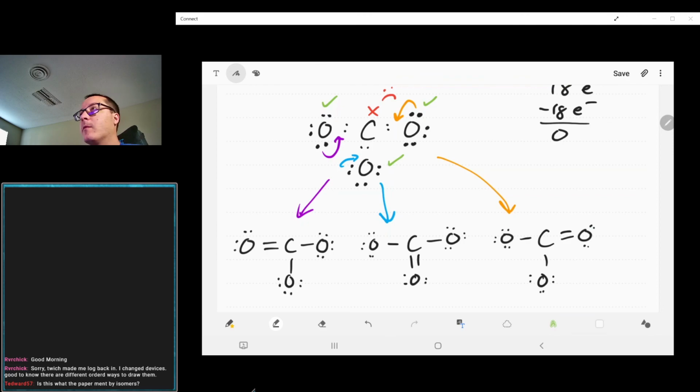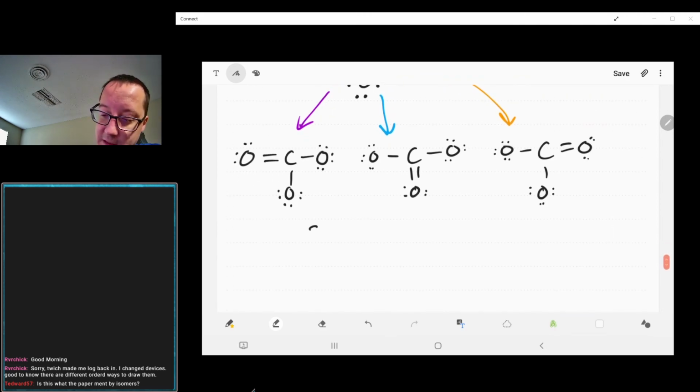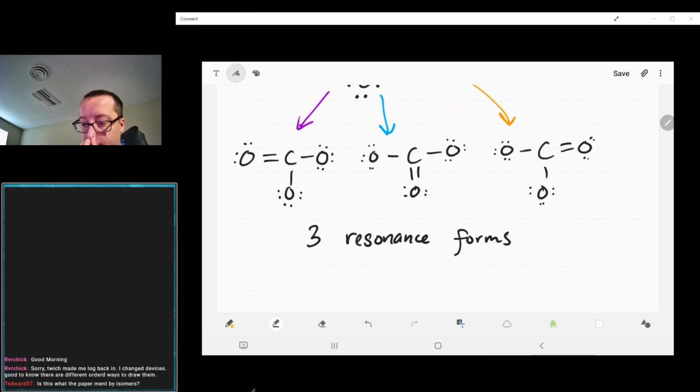Okay, hooray. So, we have here 3 resonance forms. The only difference, as you can see here, is where we've put that double bond.